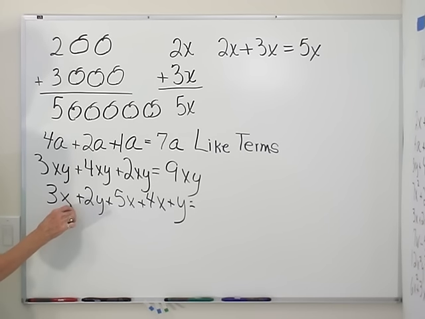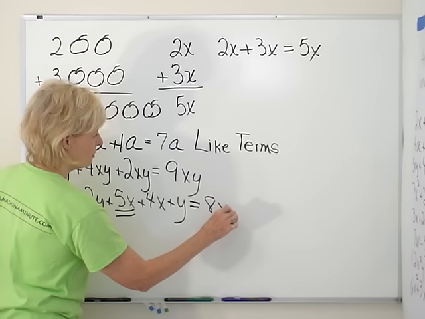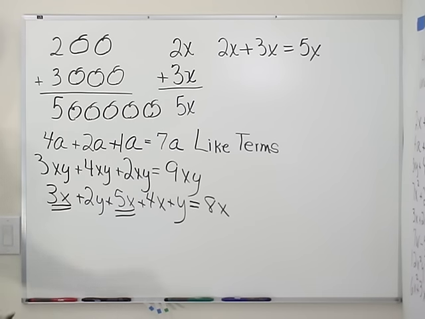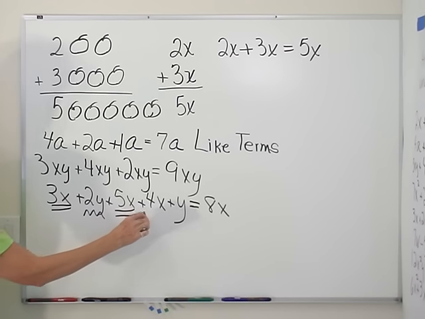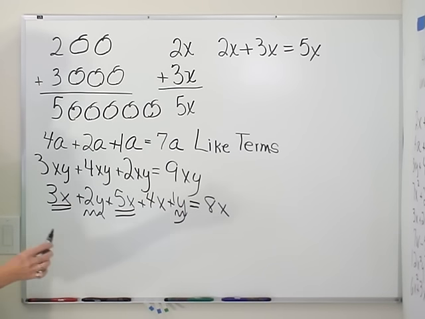So let's see what we've got. We've got 3 x's, and then we've got 5 more x's. So we add those together because they are alike. And so that means that we have 8 x's. And then we look at what else do we have? Well, we've got 2 y's here and another y here. So that gives us 3 y's.